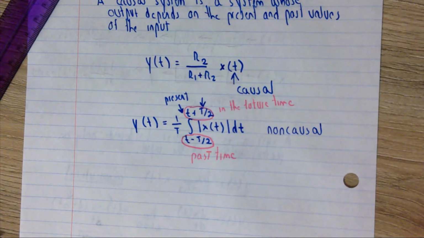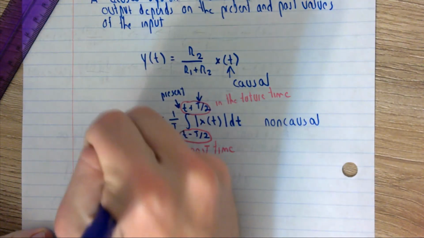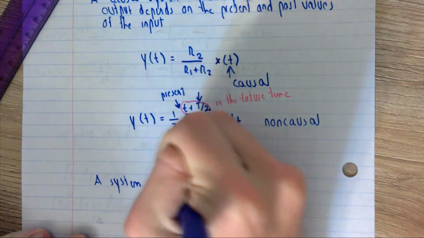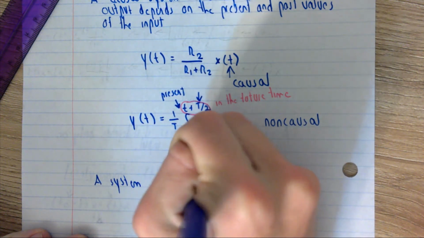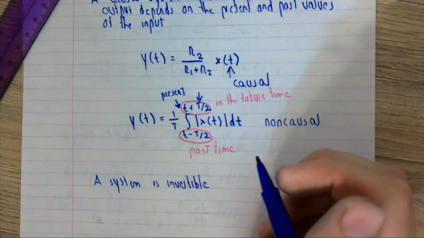And a system is invertible. This is a big one. A system is invertible if the input can be recovered from the output.